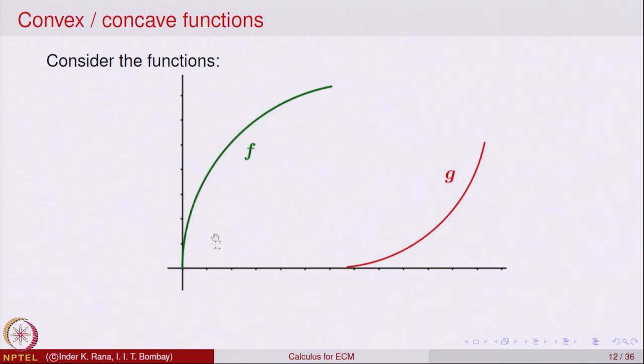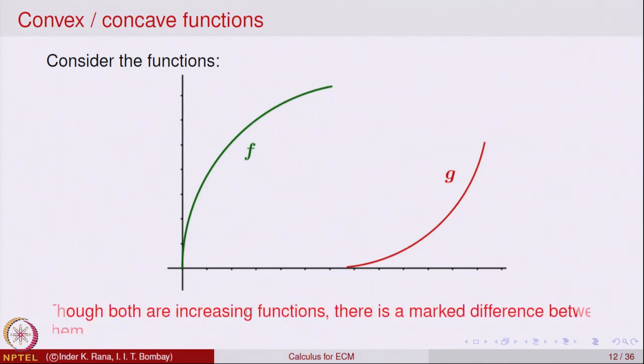If we look at the picture itself, the graph of f seems to be bending away from the x axis and the graph of g seems to be bending towards the x axis. This property of functions, one being bending away and one bending towards, we would like to make more precise.